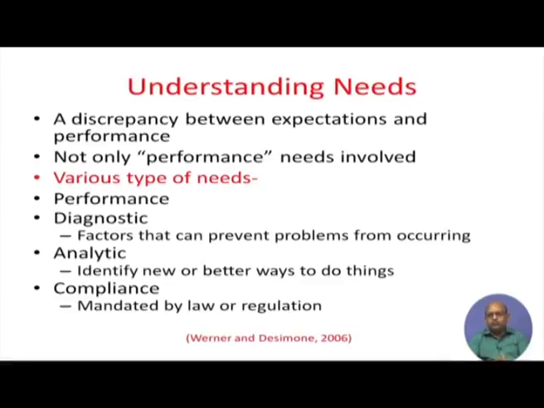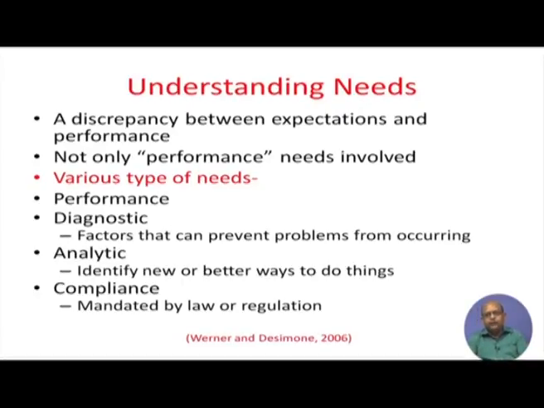There could be different kinds of needs, like it could be related to performance, it could be related to diagnosis, it could be related to the analysis, like there could be a better way of doing things, and that also brings out a need. Okay. Or there could be compliance needs, which are mandated by law or regulation. For example, now you know that GST is going to be applied in the organization.